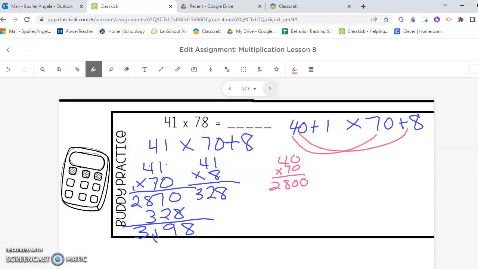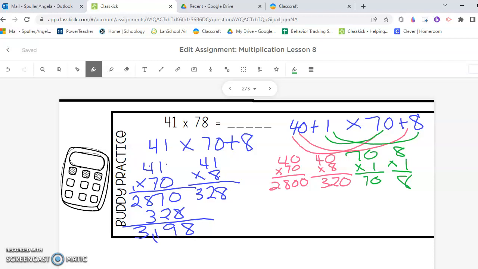Then we get 40 times 8. 40 times 8 is 320. Then get a new color. Let's use green this time. 1 times 70. So 70 times 1 equals 70. And then 8 times 1 equals 8.